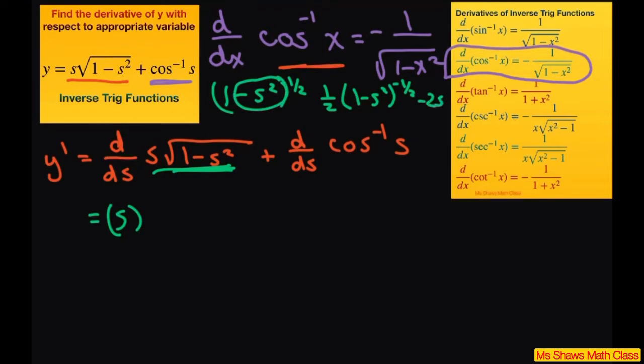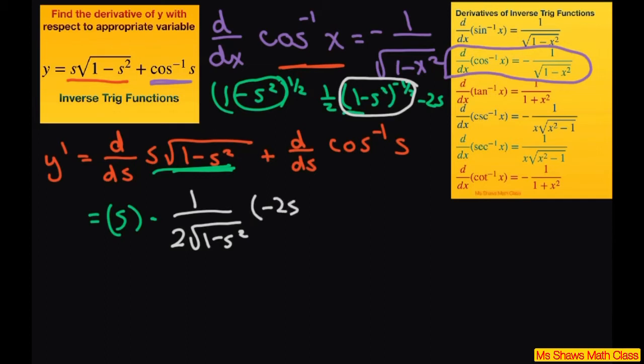So that's going to be equal to, when you're going to move this in the denominator, 1 divided by 2 is already in the denominator, times the square root 1 minus s squared. And then you have to multiply that by your negative 2s here.